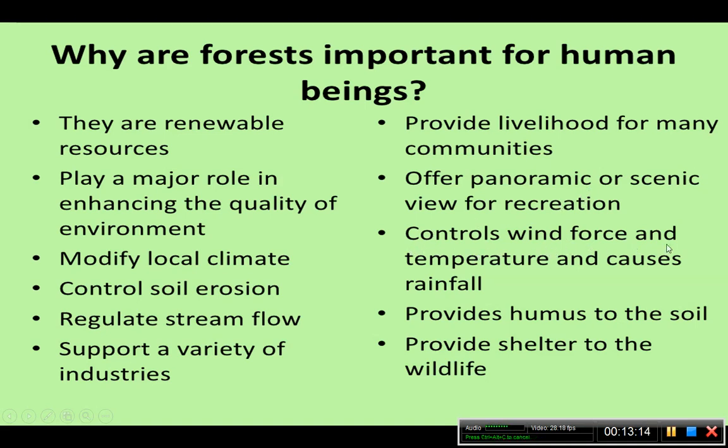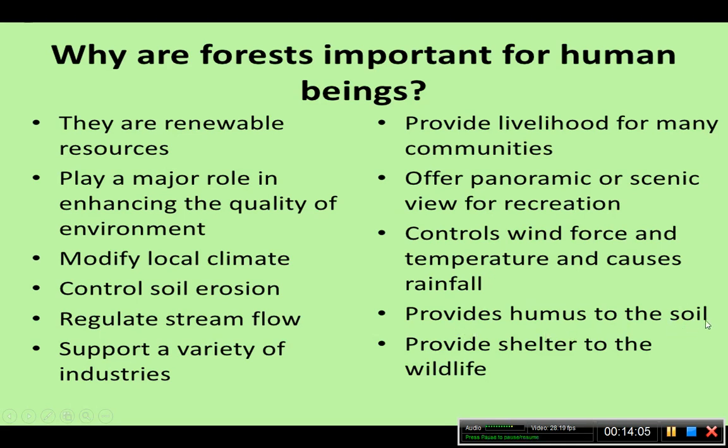Controls wind force and temperature and causes rainfall, as we were discussing just before. So control wind force. The speed of wind is controlled by the forest cover. They stand as an obstacle on the way of wind, so they control wind force. Temperature, as during transpiration they release moisture in the air, and when the air blows, the temperature of the environment decreases to some extent because of this forest cover.